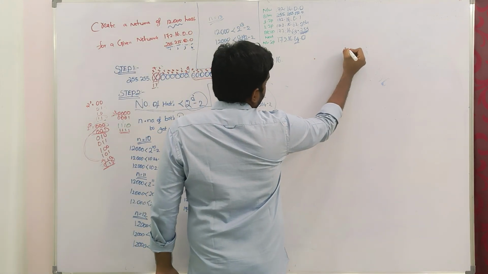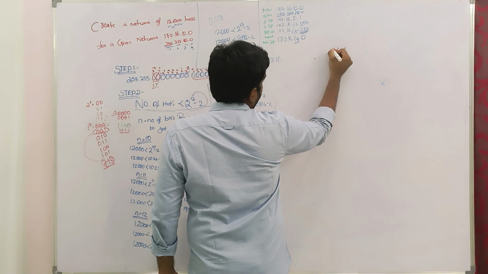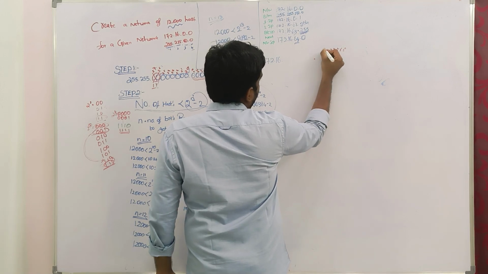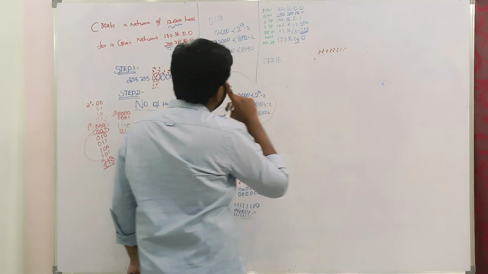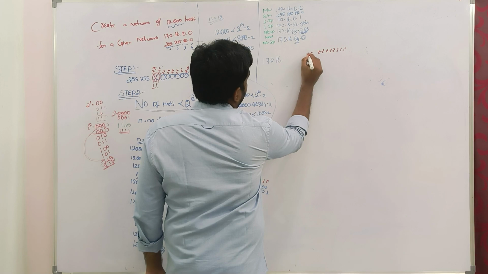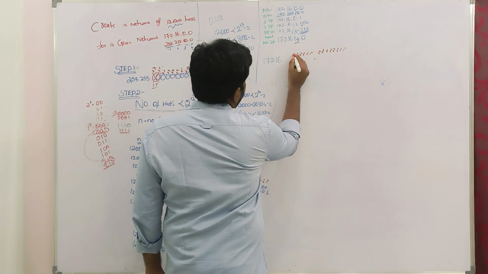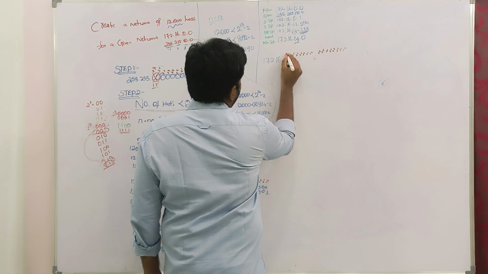2 power 0, 2 power 1, 2 power 2, 2 power 3, 2 power 4, 2 power 5, 2 power 6, 2 power 7. Then come to the third octet and write 2 power 0, 2 power 1, 2 power 2, 2 power 3, 2 power 4, 2 power 5, 2 power 6, 2 power 7.